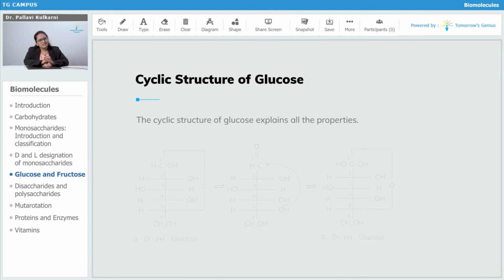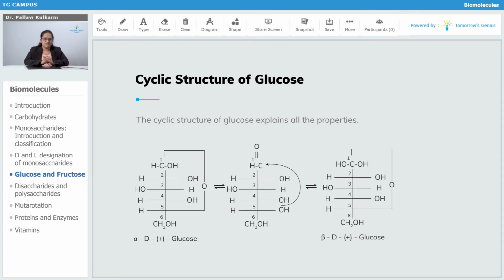The alpha as well as beta form of glucose, obviously cyclic glucose, explain all the chemical properties of glucose. That is the reason it is considered that glucose always exists in the cyclic form. The chemical properties exhibited by glucose are proved by the cyclic alpha as well as beta form of glucose.